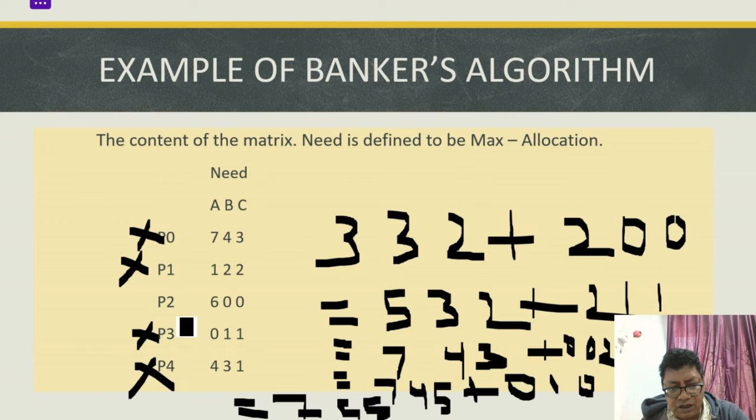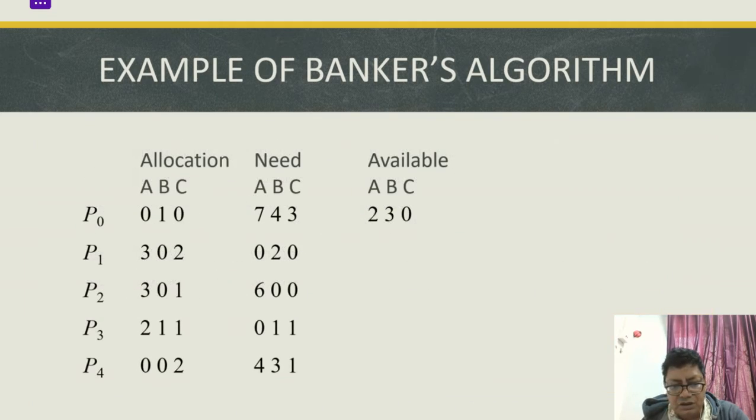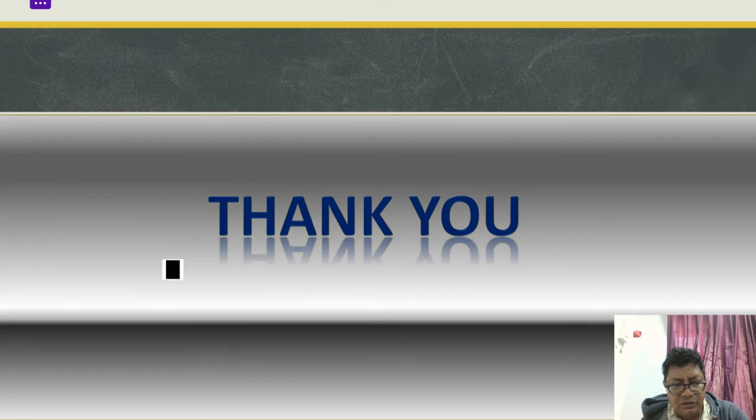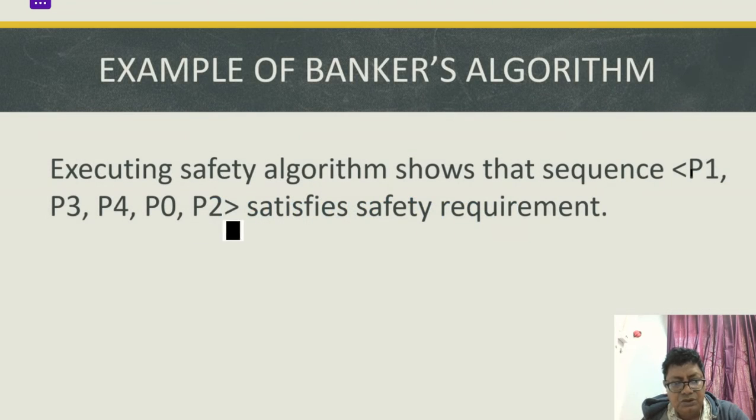Can we satisfy the P2? Yes, we satisfy the P2 because P2 only wants the A resource of 6 units. So our last part is P2 will be satisfied. So we check the step sequence. Yes, this is P2.